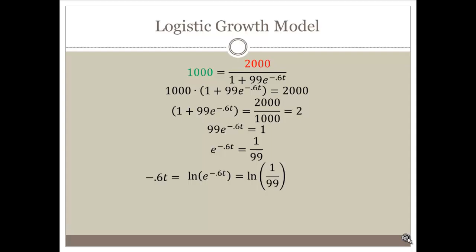Now all that's left to solve for t is to divide by negative 0.6. So we get that t equals the natural log of 1 over 99 divided by negative 0.6, which we can calculate to roughly be 7.66.